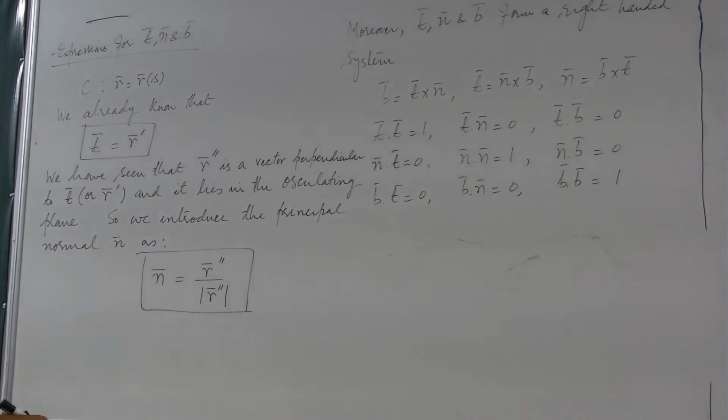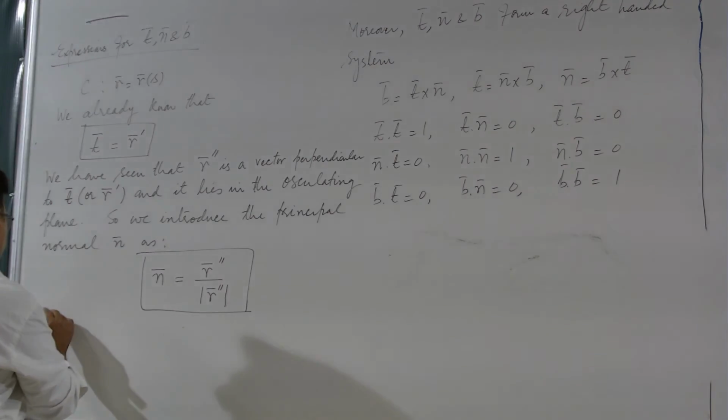So, if somebody asks what is the definition of a principal normal, you will say it is a unit vector which is perpendicular to the unit tangent T and it lies in the osculating plane. So, this becomes the definition of the principal normal.